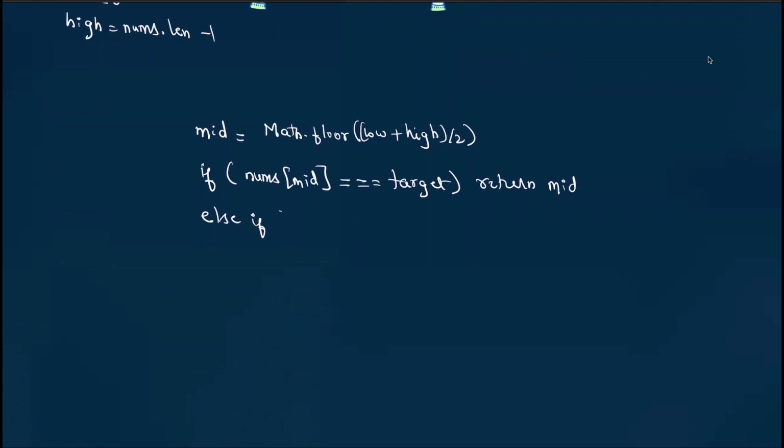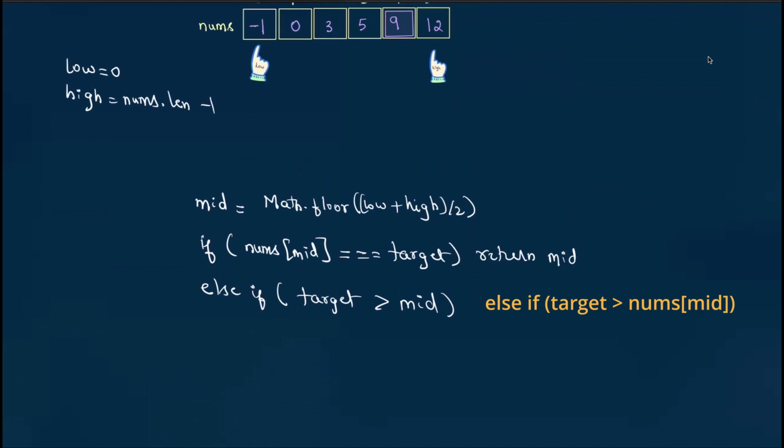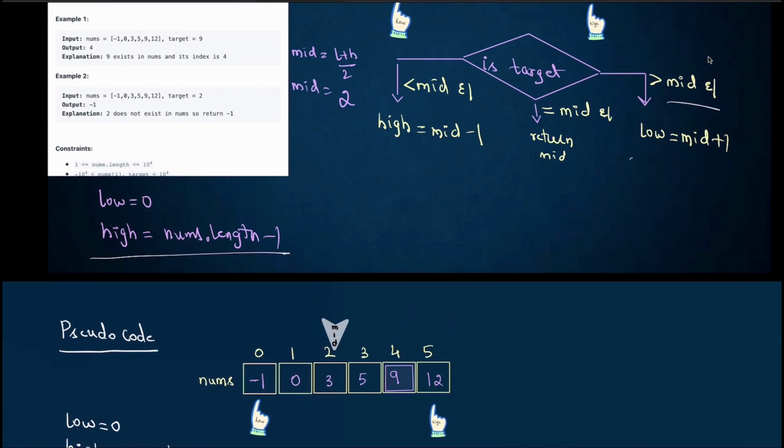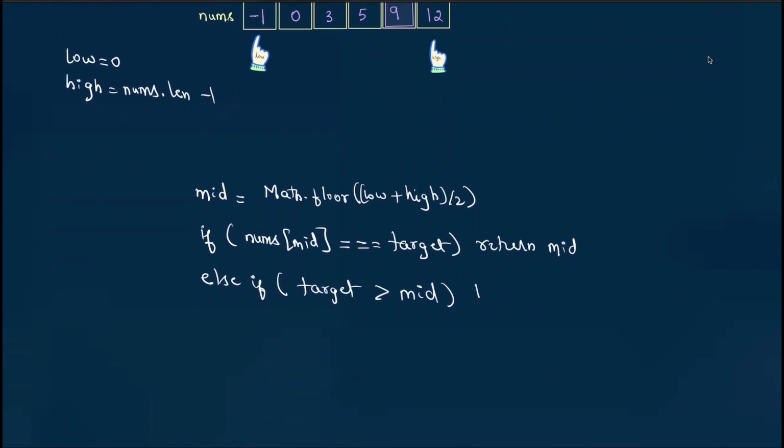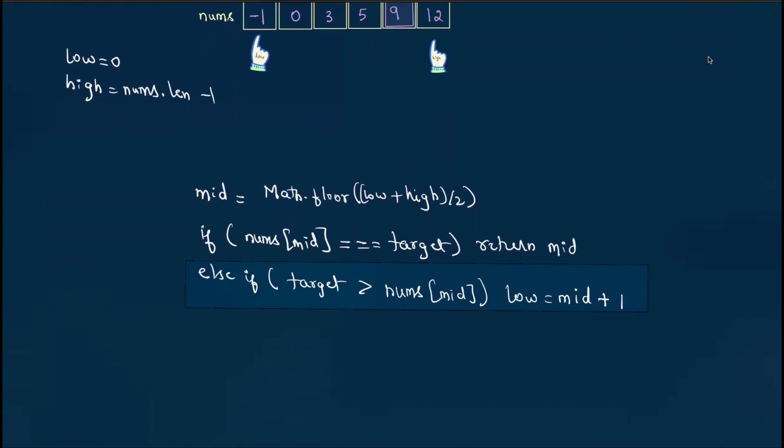Else if target is greater than mid, what happens? We reach this condition: low is equal to mid plus 1. Else, meaning target is less than mid, in that case high is equal to mid minus 1.